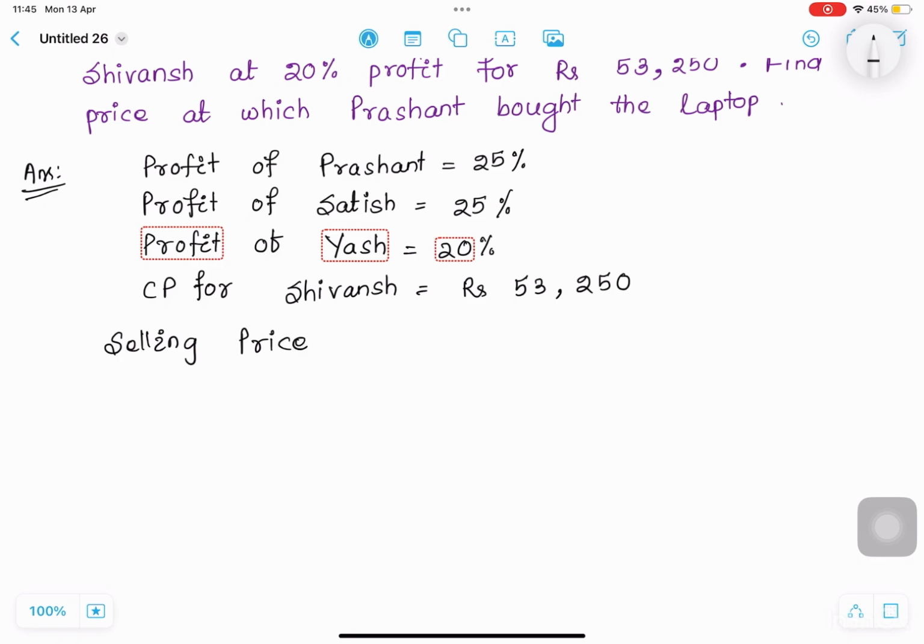So we can write selling price equal to, the formula is (100 plus profit percentage) divided by 100, into cost price.